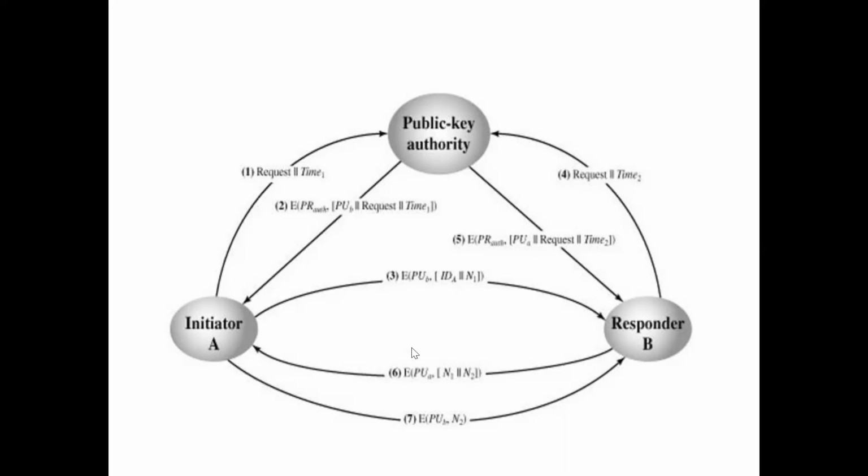It is encrypted using the initiator's public key, PUa, concatenated with the nonce the initiator sent to the responder, and in addition some other information, N2, sent from the responder to the initiator.